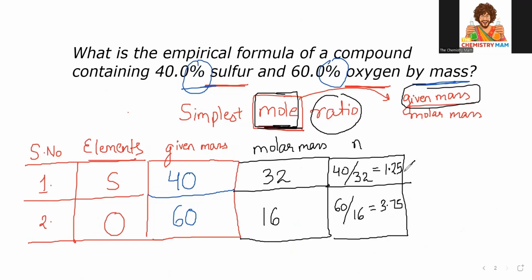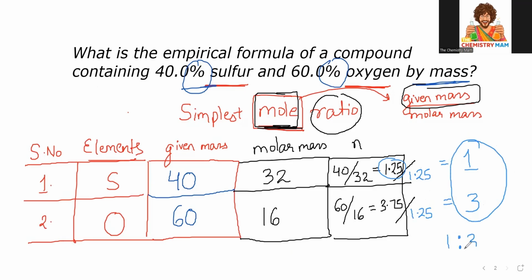We are going to divide both the moles by the smallest number of moles, and the smallest is 1.25, so divide everything by 1.25. So I get 1.25 divided by 1.25 as 1, and 3.75 divided by 1.25 gives me 3. So my simplest mole ratio comes out to be 1 is to 3.